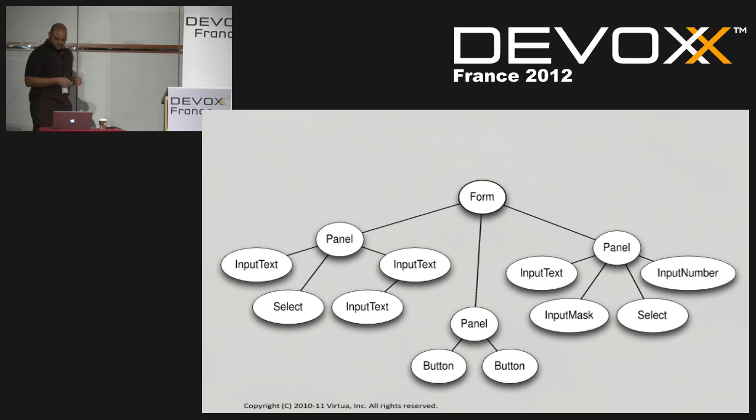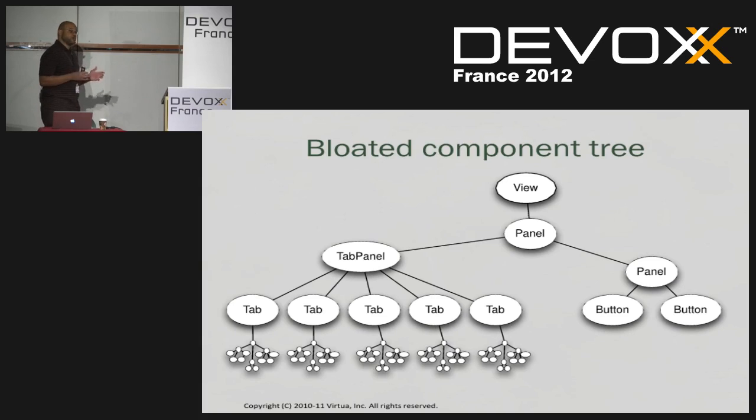However, often what happens is, the UI that your users want is much more complicated. So you really end up with something a little bit more like this. Here, you have your view. Your view has a panel in it. It has a tab panel. Has like 4, 5, 6, 7, 8, 9, 10 tabs, however many tabs. And each tab has all of these components in it.